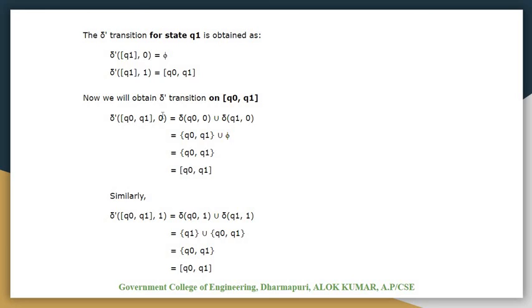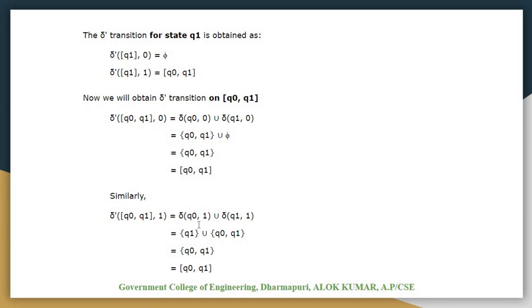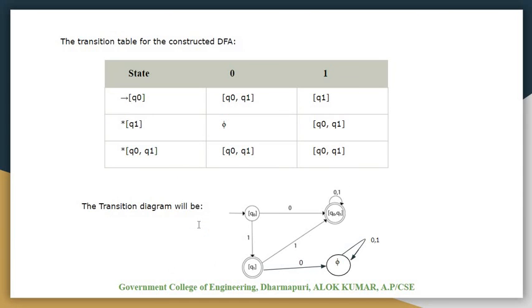From Q0, Q1 using 0 we go to the same state, and from Q0, Q1 using 1 we also go to Q0, Q1. After this, this table comes. This is the transition table that we will use for constructing the DFA.